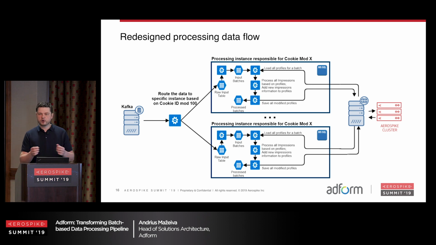One problem we have with this approach: we lost the transaction. This means we no longer have a possibility to reprocess the batch without impact on the data. To solve that, we decided, okay, let it be. Aerospike is flexible enough, so let's store the last processed transactions in the profile to be able to reprocess.